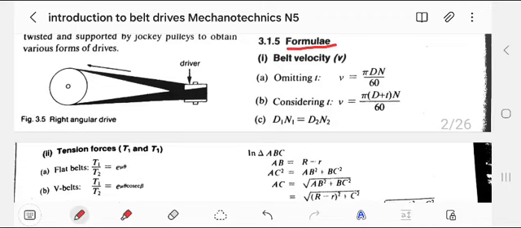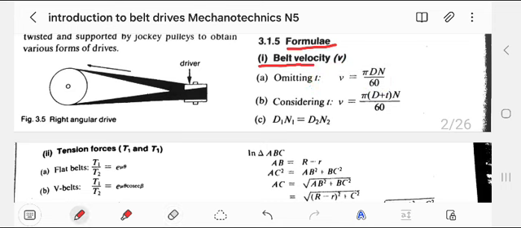Notes are indicated for belt velocity. How do we calculate belt velocity? If the thickness is omitted, not included, our velocity will be pi times diameter times n over 60.